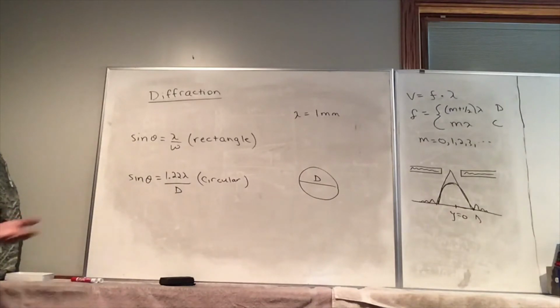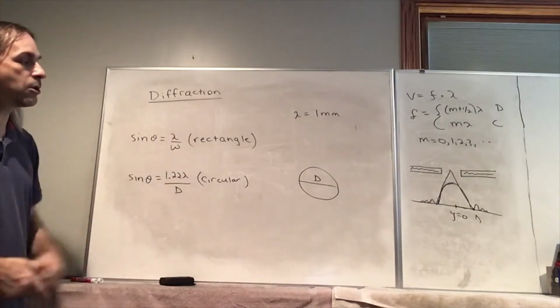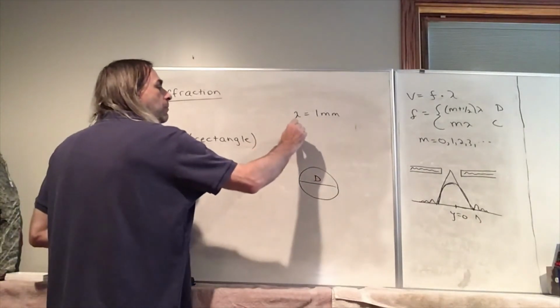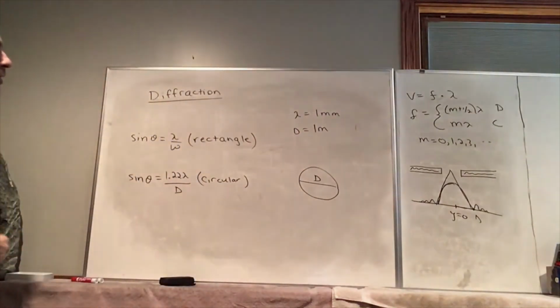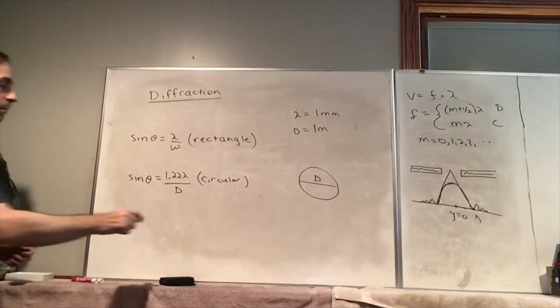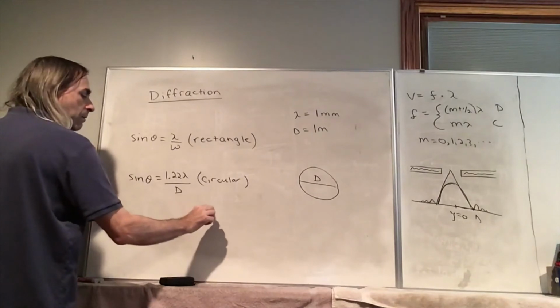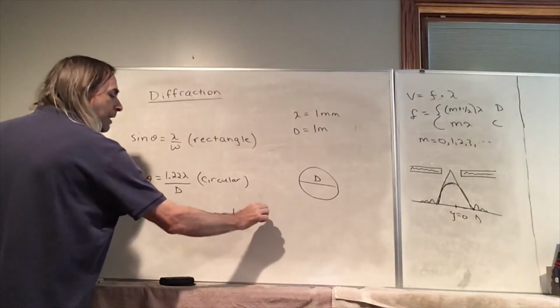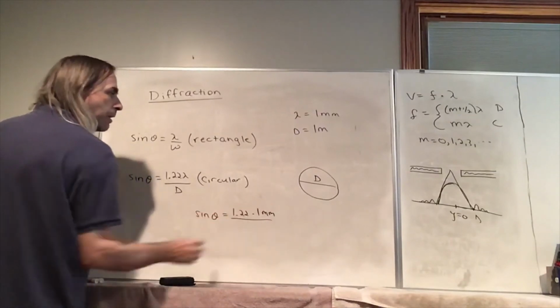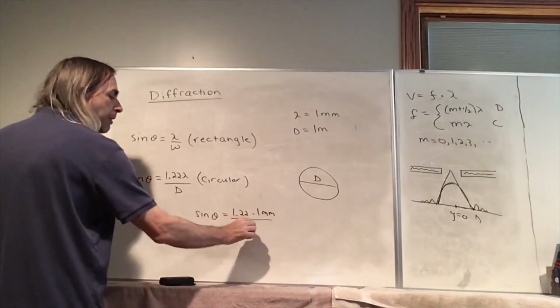Well, let's say we did that. And let's say we sent it through a circle with a diameter of 1 meter. What angle would this cone be? Well, sine of theta would be 1.22 times a millimeter, and the diameter is 1,000 millimeters.